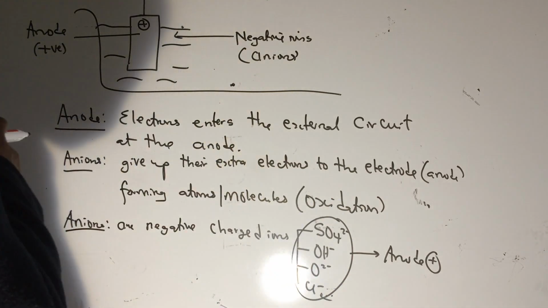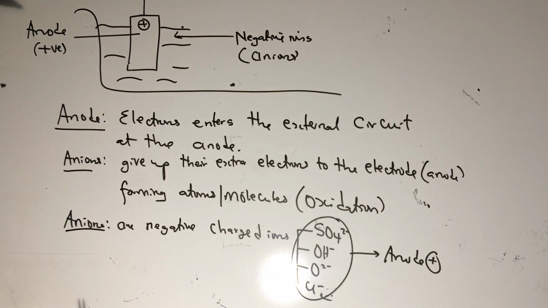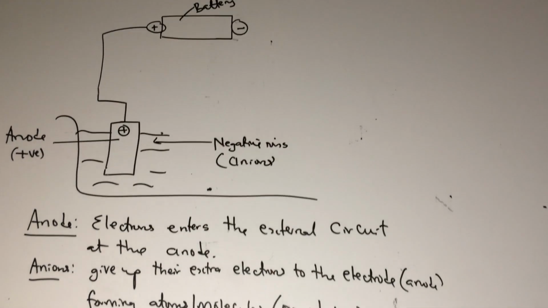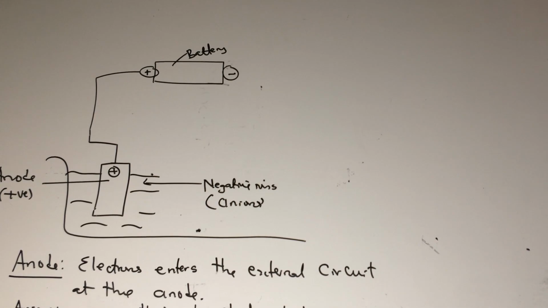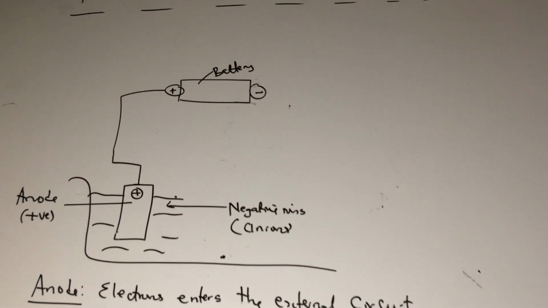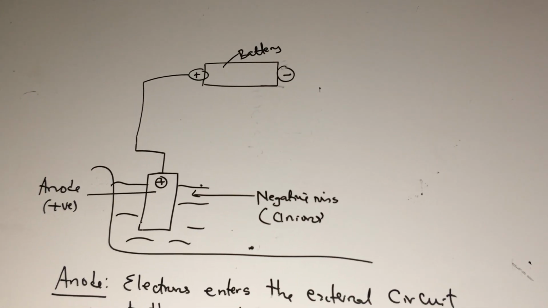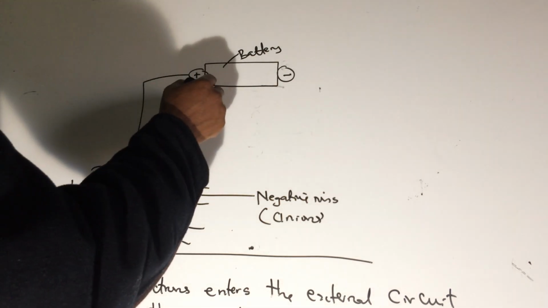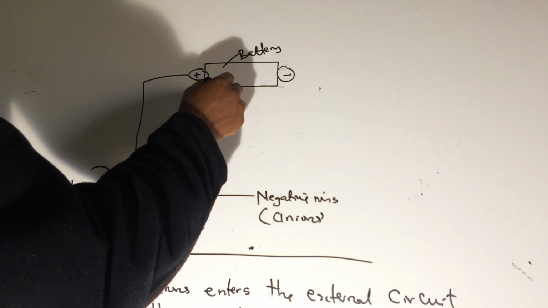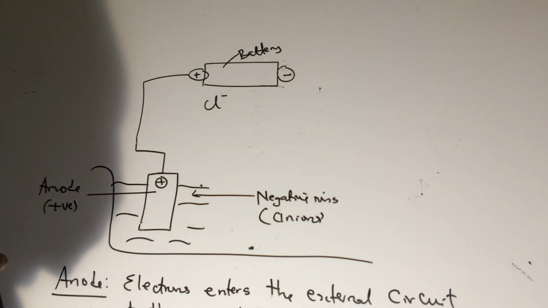Let's assume we are discharging chloride ion. If you look at the discharge of chloride ion, it can be written like this. Let's look at the discharge of chloride ion in detail.